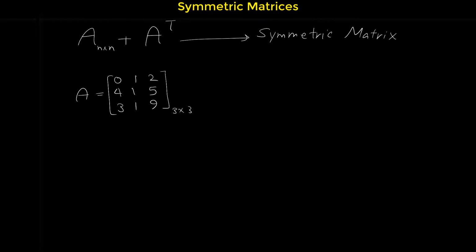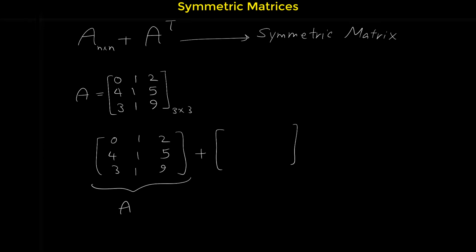But if we add to this matrix its transpose, the result is a symmetric matrix. Let's see why. What is the transpose of this matrix? So this is A, and now I want to write A transpose. The transpose is 0, 1, 2, 4, 1, 5, 3, 1, 9.